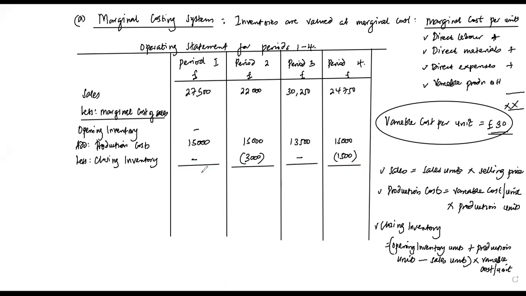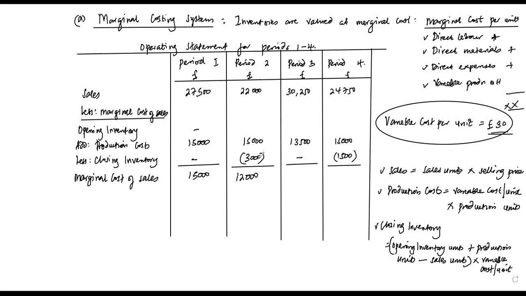We have opening inventory, which is 0, plus the production cost of 10,000, minus closing inventory of 0. Here you will get 15,000. This is your marginal cost of sales. Then period 2, 15,000 minus 3,000, your marginal cost of sales is 12,000.